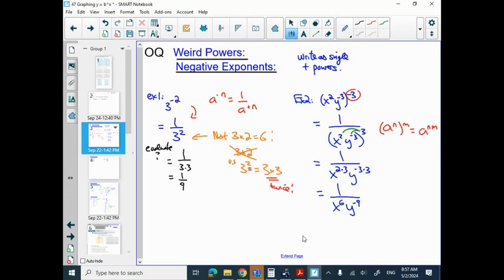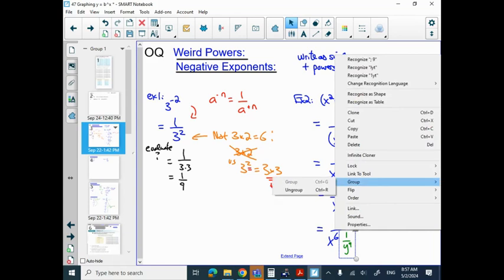So there's another way we could go about this as well, but what we have here is the 1 over x to the 6. And then we know this one here can be written as 1 over y to the positive 9. So I probably should just ungroup that and make that look a little bit more like an exponent here.